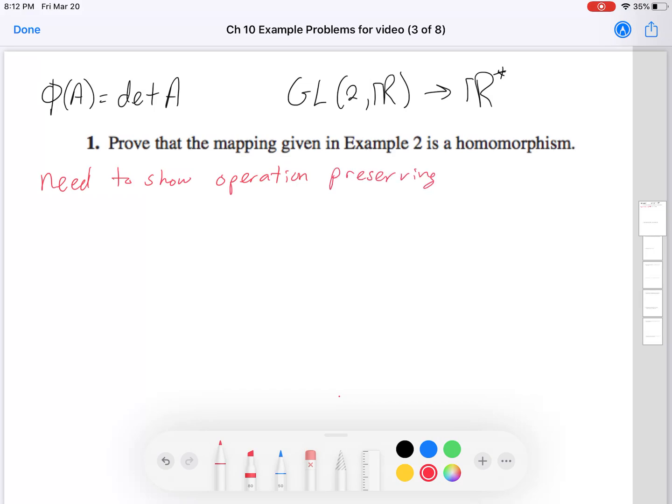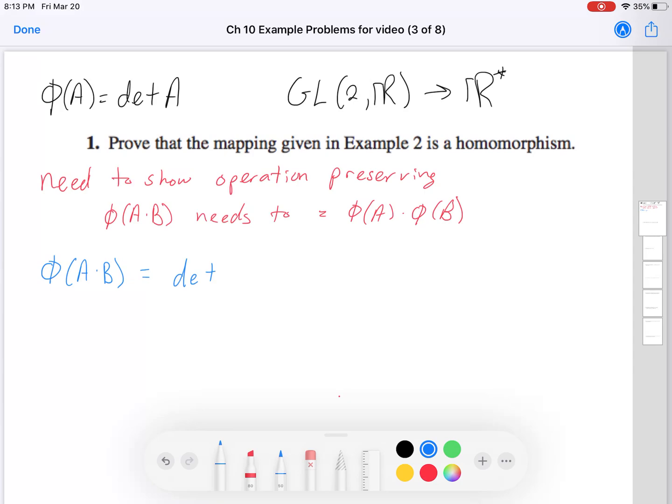Operation preserving means that we have phi of A times B needs to equal phi of A times phi of B. So let's start with phi of A times B.